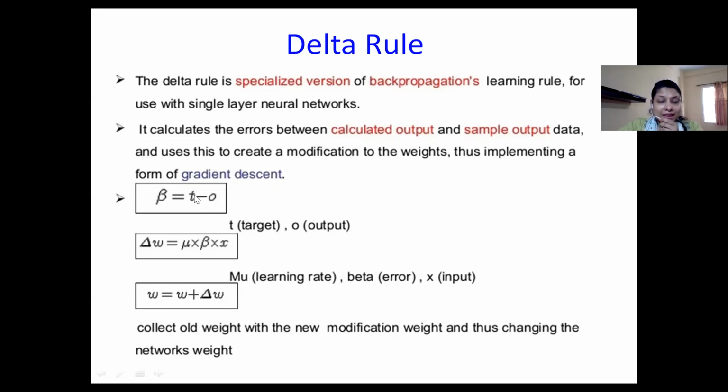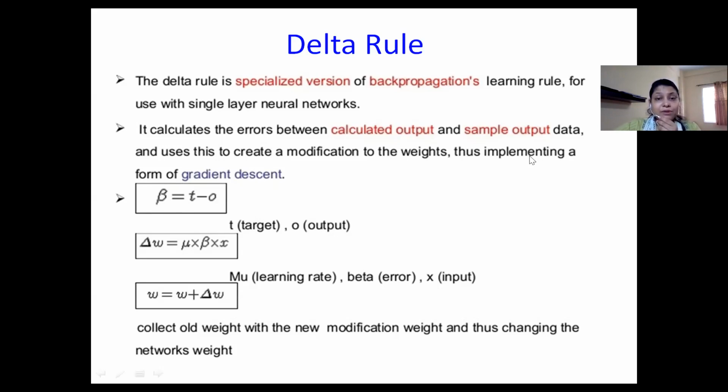In that case, we can implement a form of gradient descent rule. You can see here we have a parameter called beta. This beta is nothing but the error.